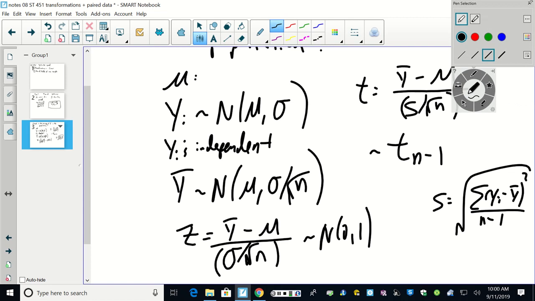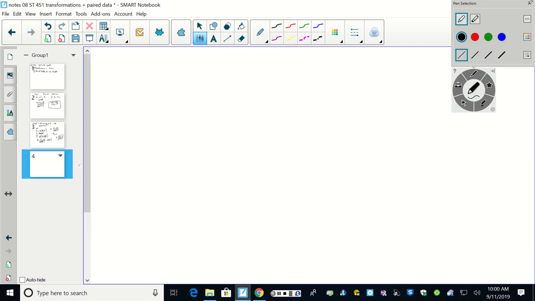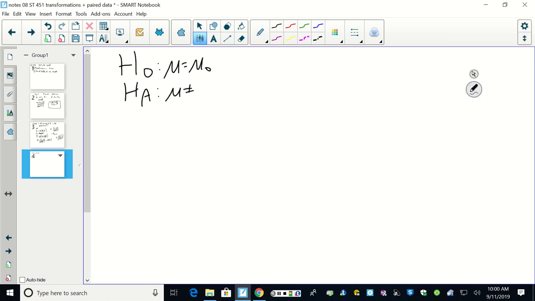So with that, if we wanted to test, does the mean equal some value? The alternative is that the mean does not equal that value.